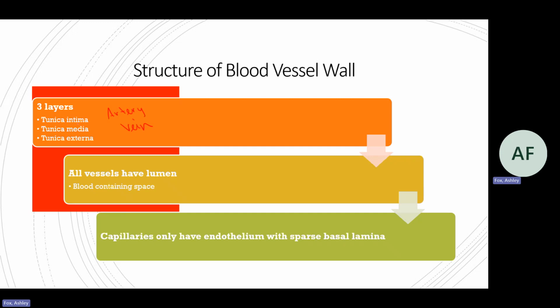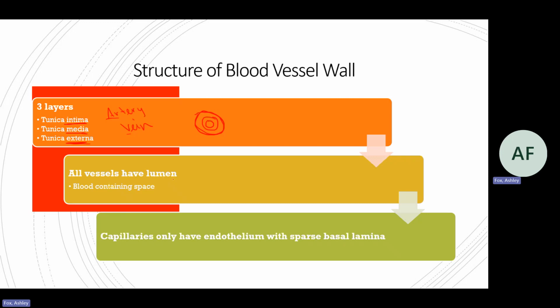First is going to be the intima, which is the most inner layer. Media, think media, middle. So that's the middle layer. And then externa, think external, that's the outermost layer. And again, this is going to be arteries and veins.